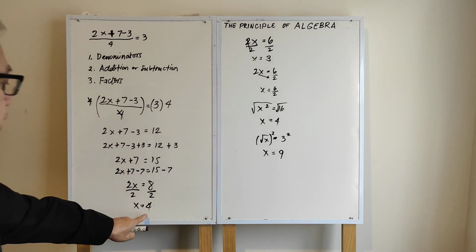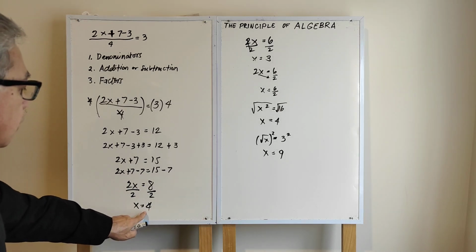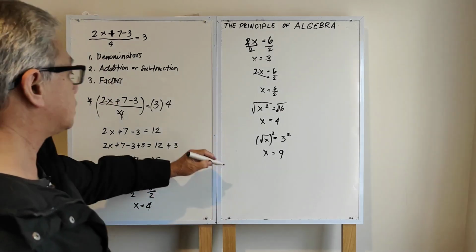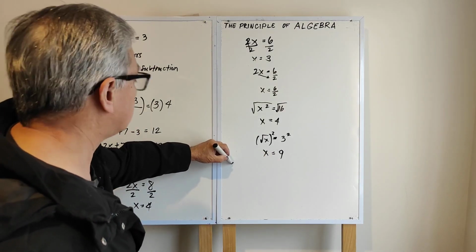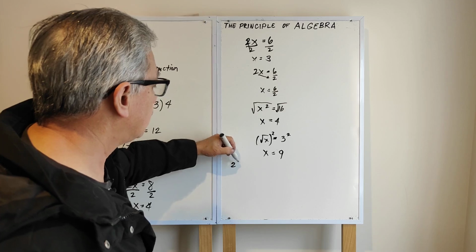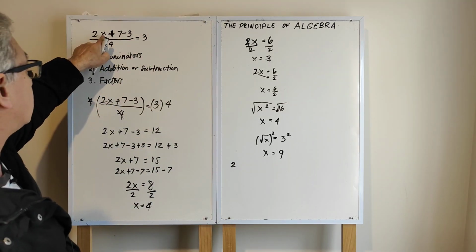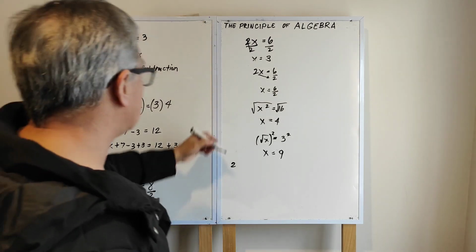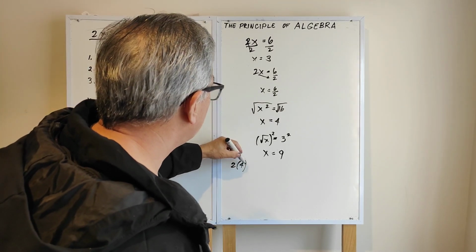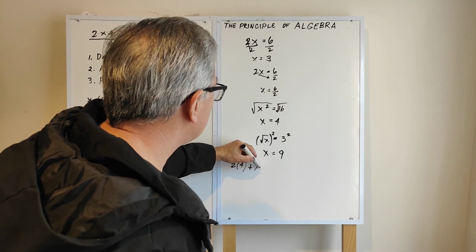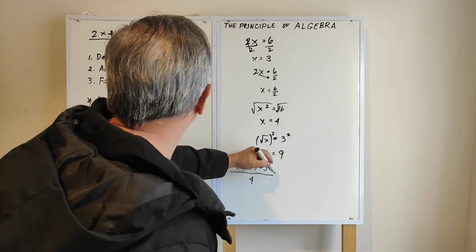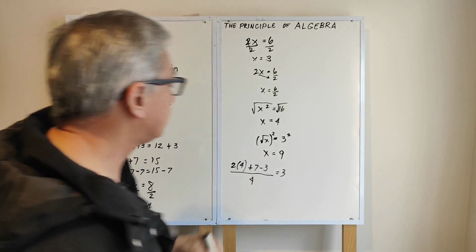And you can do a check. So, if x is equal to 4, you substitute 4 in this value. Since before we can replace now x with 4 to check if we have the right answer. So 2x, so 2 times 4 plus 7 minus 3 divided by 4 is equal to 3.